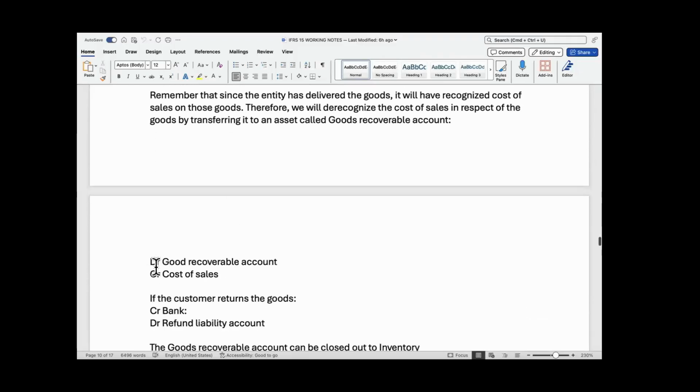And you remove it by transferring it away from cost of sales and putting it in a goods recoverable account. You can call it another name, maybe right to recover goods, whatever name. But this is like an asset account.